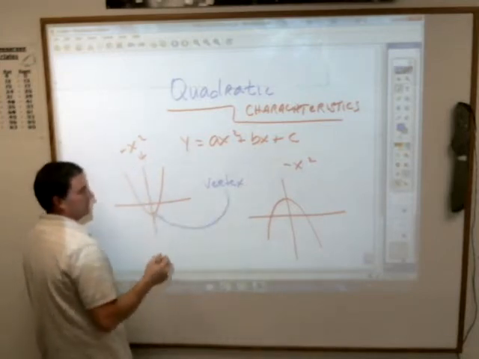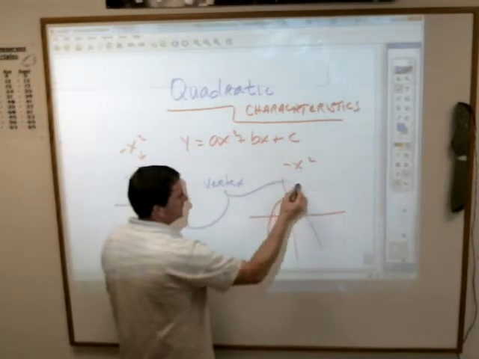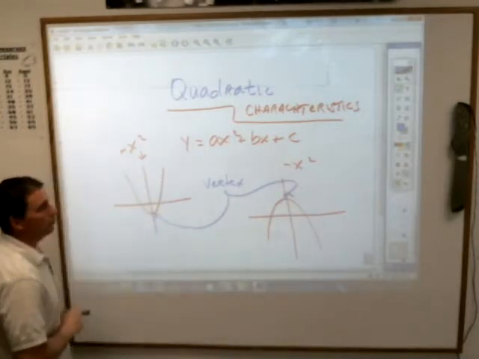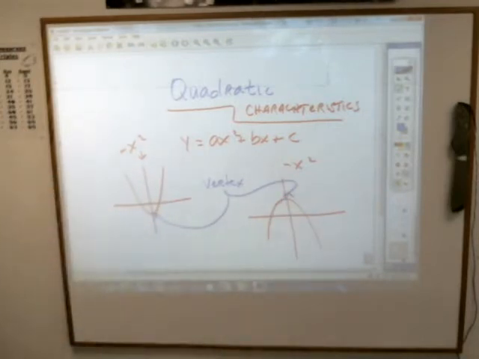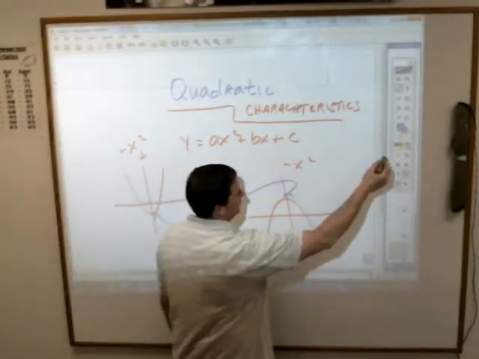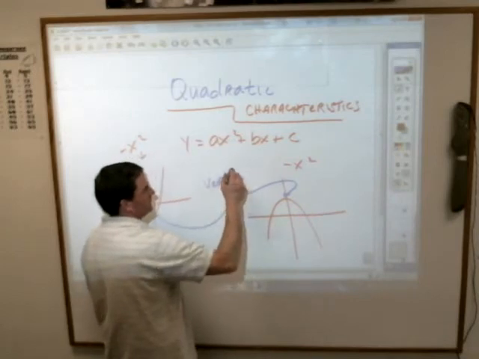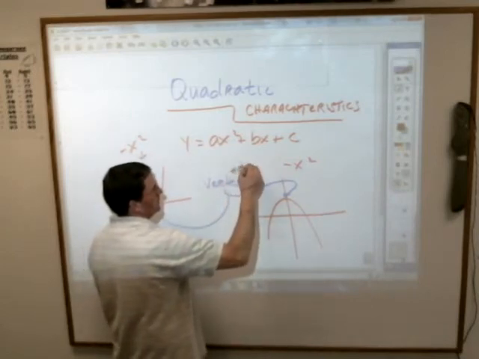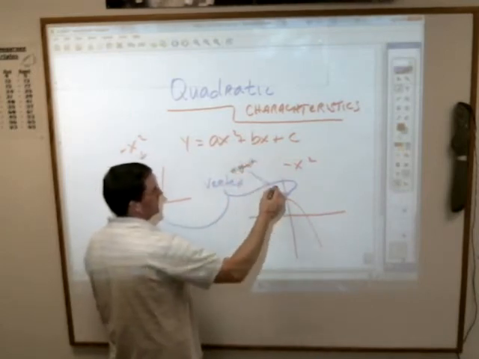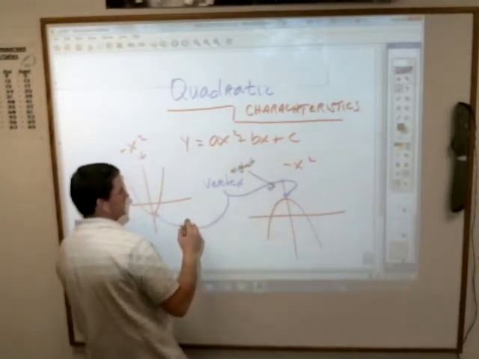This is the vertex of this one, and this is the vertex of the other one. The vertex is the highest or the lowest point. In this case, it's the highest point. In this case, it's the lowest point.